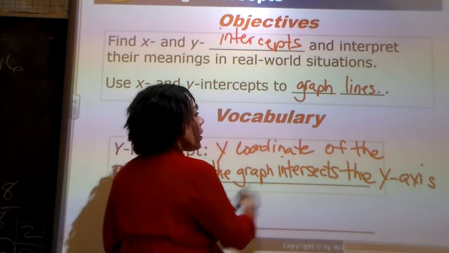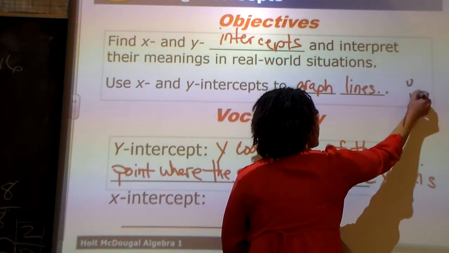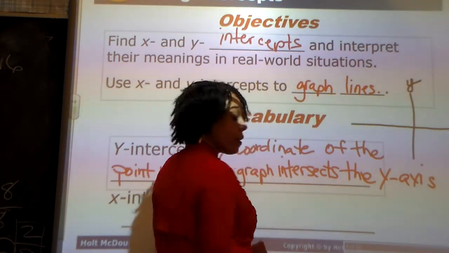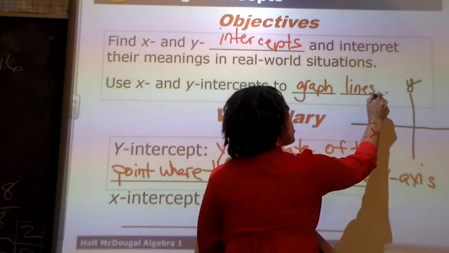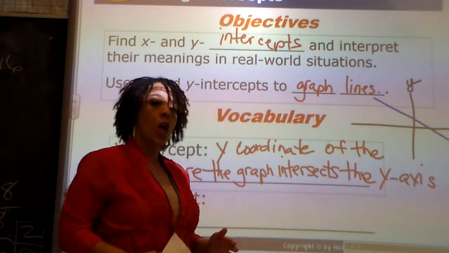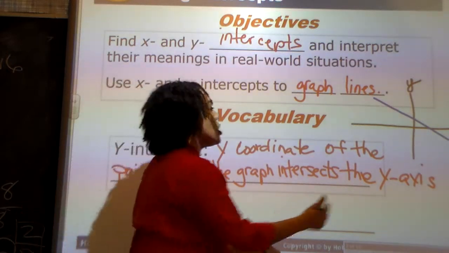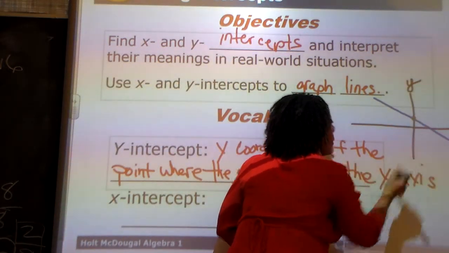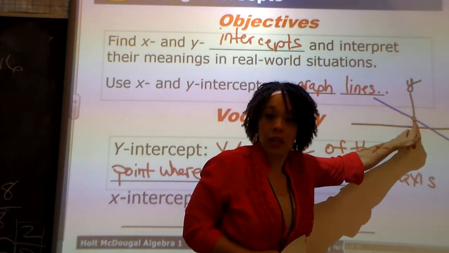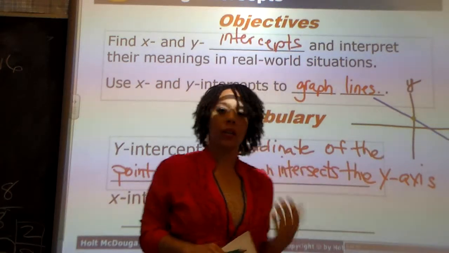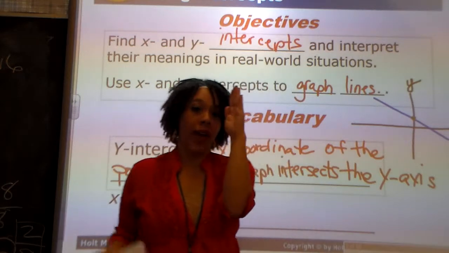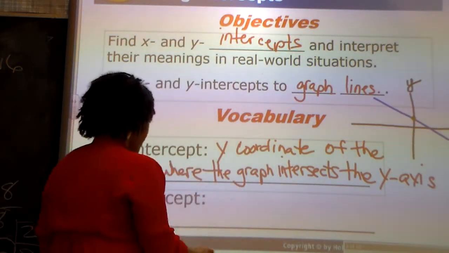What that means is when you have a coordinate plane, here's your y-axis, here's your x-axis. When you have a line that's coming down, let's just call this our line. There's only one place that this crosses the y-axis, and it's right here at this point. That place where the line crosses the y-axis is your y-intercept. It's where the axis and the line that you have graphed intercept each other.